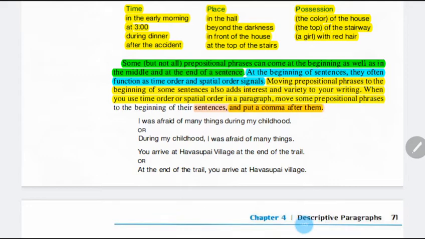Moving prepositional phrases to the beginning of some sentences also adds interest and variety to your writing. Okay, to make your writing interesting and varied, or different.